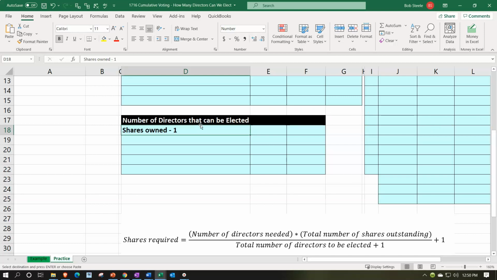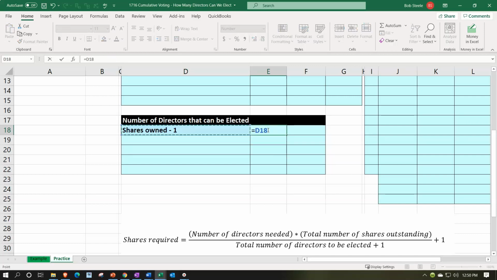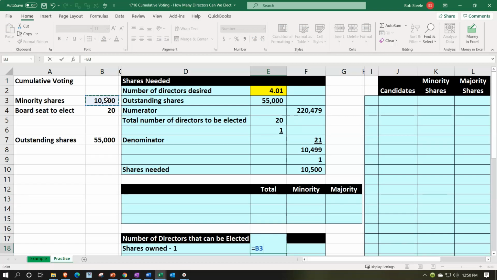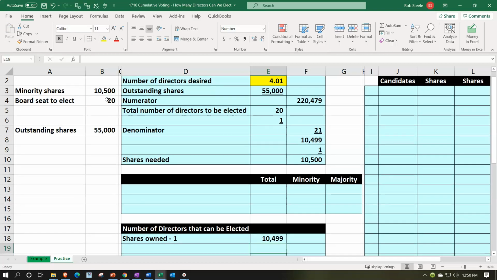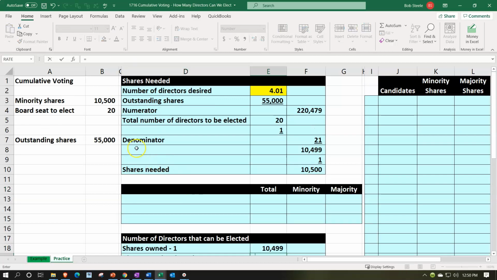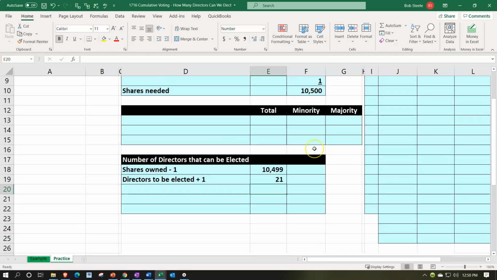So we're going to take the shares owned minus 1. So the shares we own, 10,005, minus 1 is going to be the 10,499. And then we've got the directors to be elected, and that's plus 1. So we've got the 20 here plus 1. So that's going to give us the 21.